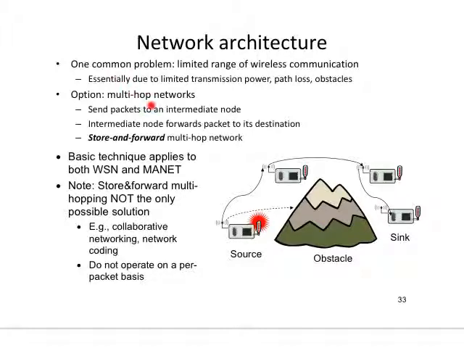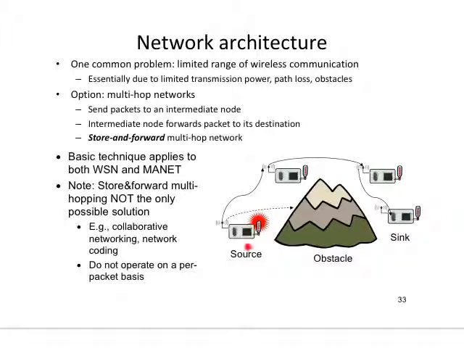Another important thing to reduce the energy consumption, as we said before, is by using the concept of multi-hop, right? So a source node needs to send the sink some information, so it can use enough power that allows it to go all the way to the sink.